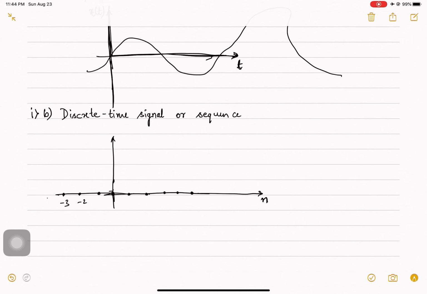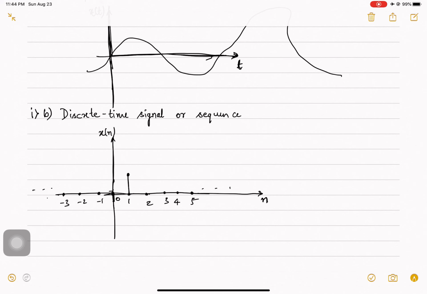So this is minus 3, minus 2, minus 1, 0, 1, 2, 3, 4, 5, so on and so forth on the right side as well as the left side. So there is a restriction on the x-axis here, but there is no restriction on the values that the amplitude can take. For example, it's usually represented with a dot on the top. So this is my x of n.